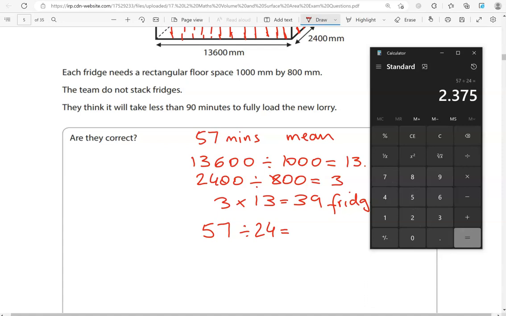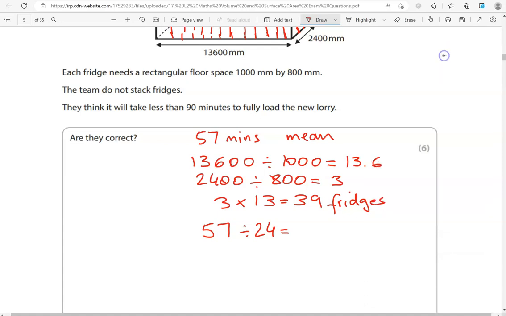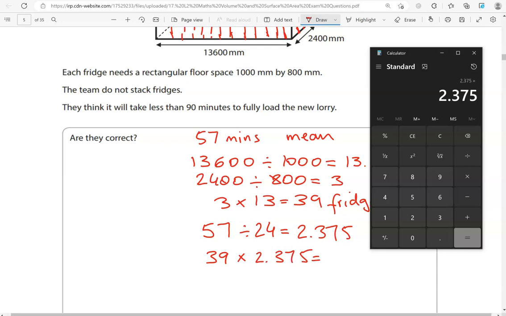Which is 2.375 minutes. So if we do 39 times 2.375, gives us 92.625.